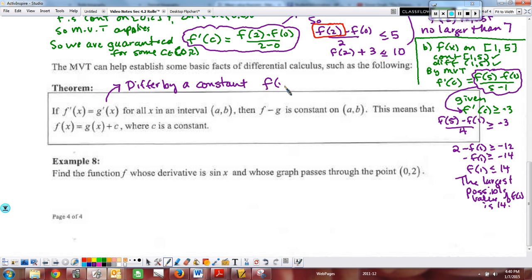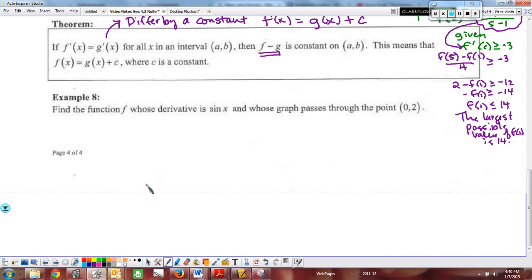Our f of x has to be the same function as g of x, maybe plus a constant. Another way of saying this is that f minus g, if I were to subtract them, has to be a constant, because the derivative of a constant is 0. So that's pretty straightforward. Let's take a look at example 8, and that'll wrap up this section.